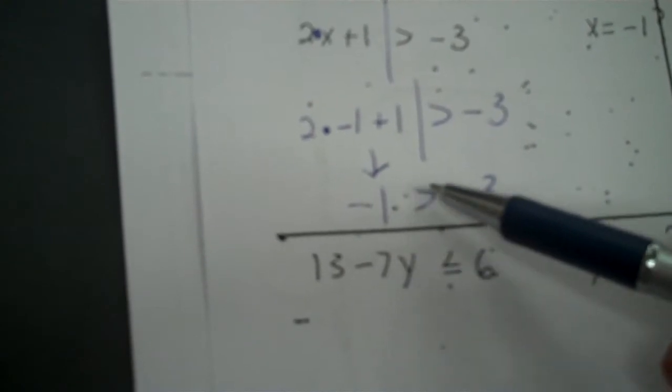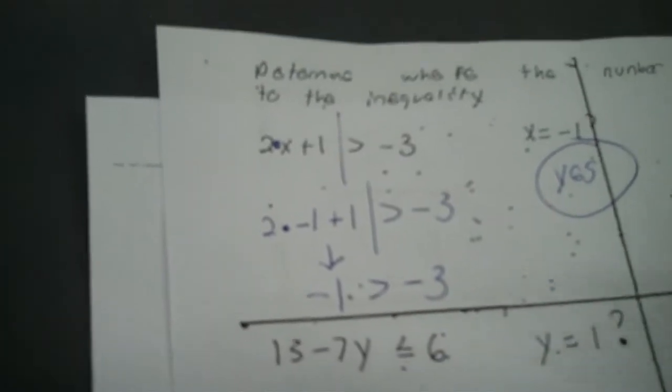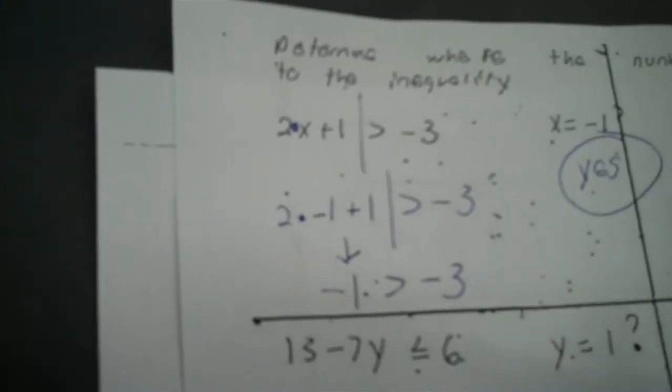The mouth has to be about ready to eat the bigger number, okay? It is. -1's the bigger number, so you put yes under that. -1 is one of the many solutions to that inequality. It's not the only one, but it is one of the solutions.